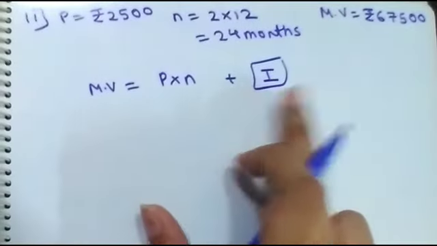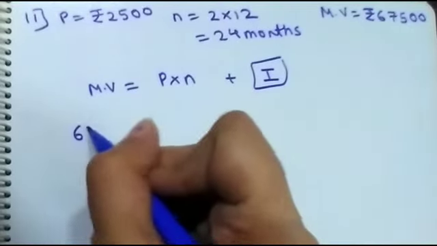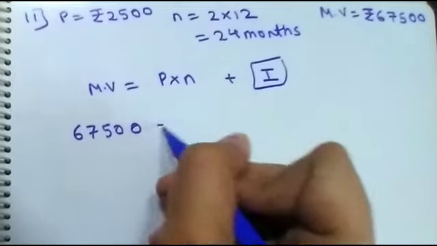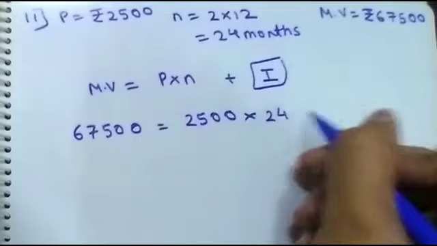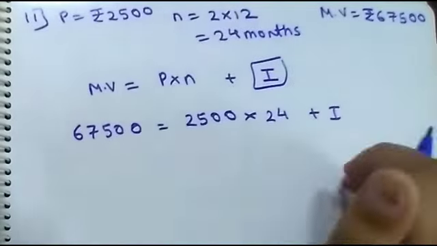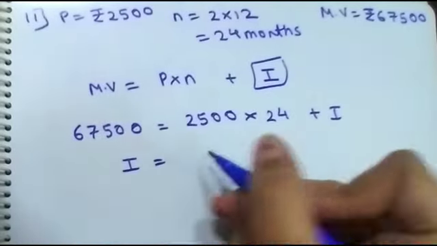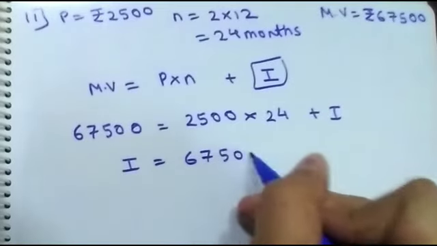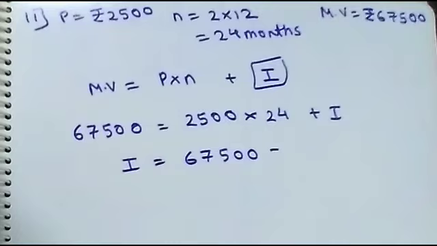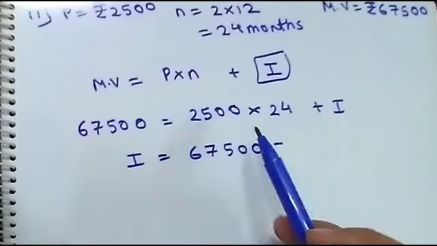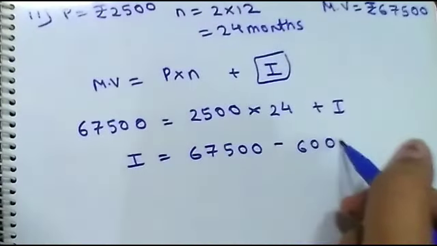So write like this. Now MV is 67,500. P is 2500 into 24 plus I. Let I be, therefore I equals to 67,500 minus, this will go in subtraction. So 25 into 24 is 600 and 2 zeros, so it would be 60,000.